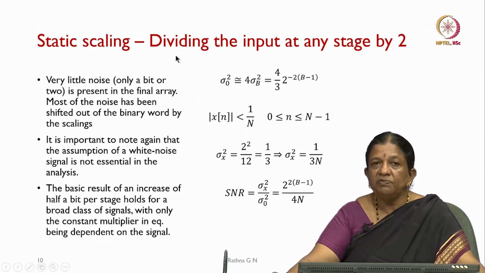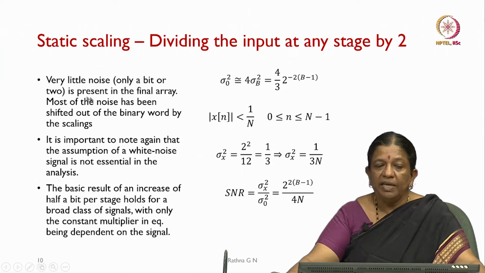Dividing is nothing but a right shift by 1 bit, which gives us divide by 2, so we need not spend any time in shifting our input. Very little noise, only a bit or 2, is present in the final array, and most of the noise has been shifted out of the binary word by the scalings.